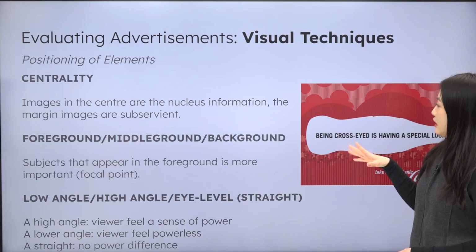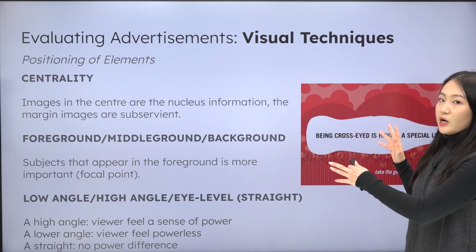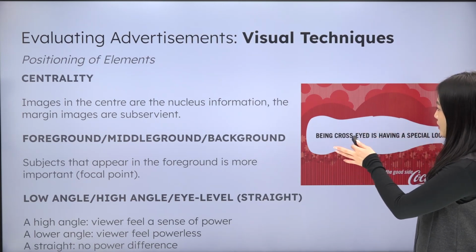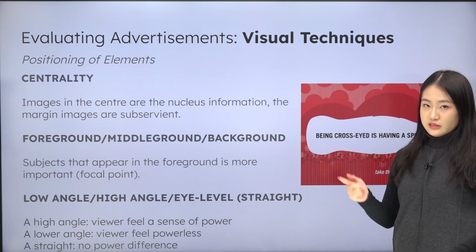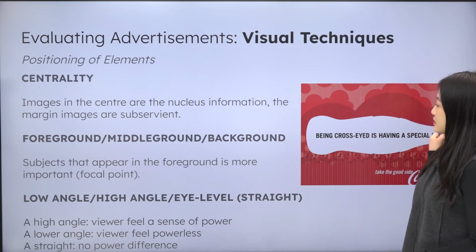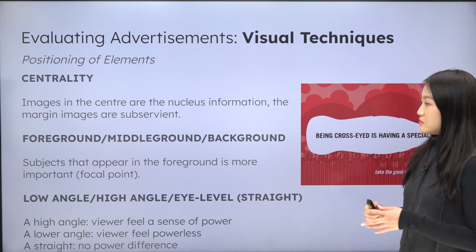Their advertisement line, their motto or their text is placed in the center, showing that what they want their audience to see first is this text, or at least this Coke bottle, to advertise their brand.